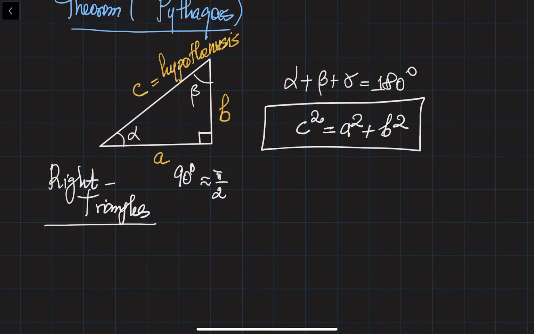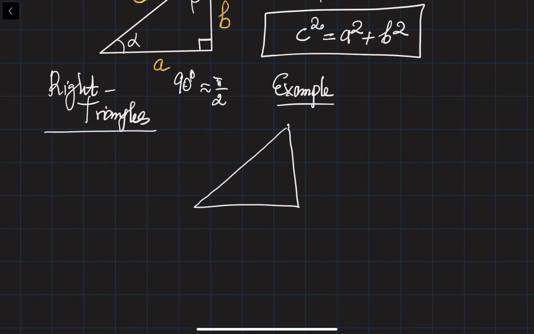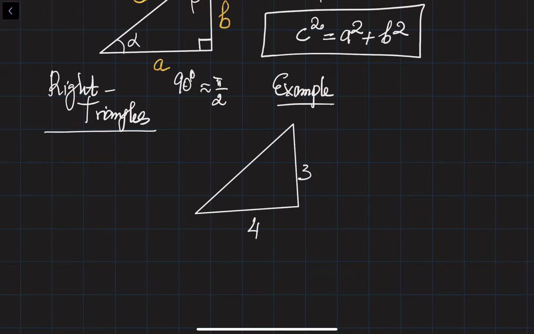Good. So let me show you an example. For example, if you're given a triangle with one side equal to 4 and another side equal to 3, then the third side can be found using this formula. So c squared is going to be equal to a squared plus b squared.